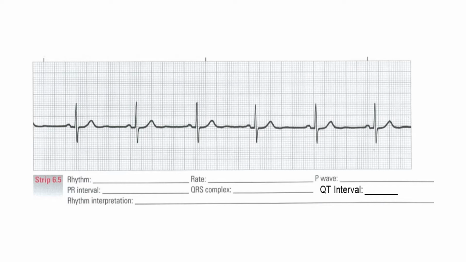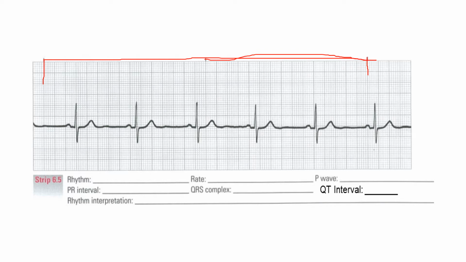54. I just want to remind you, if you were to do the quick 6 second, you would count how many R waves between the 6 seconds. From here all the way to here is 6 seconds, because from here to here is 3 seconds.